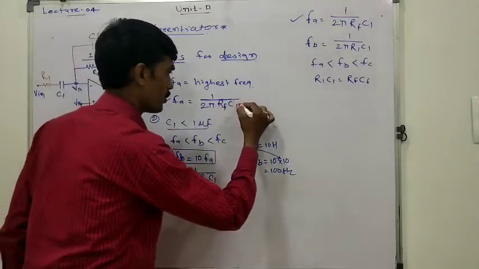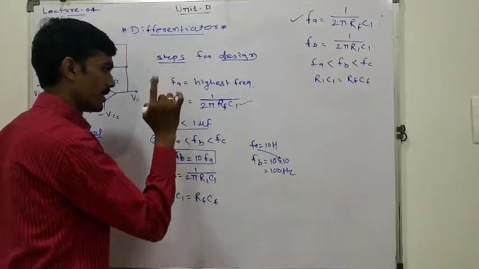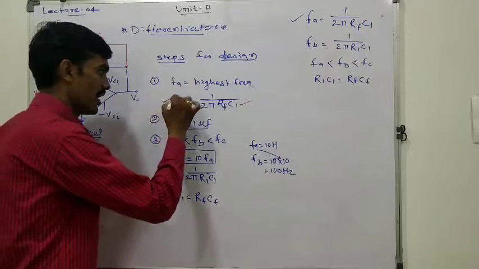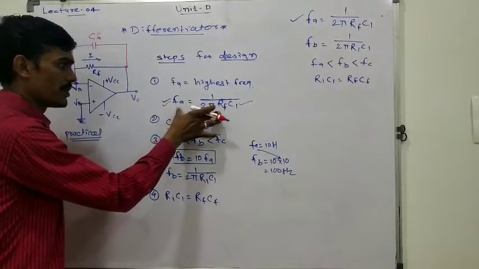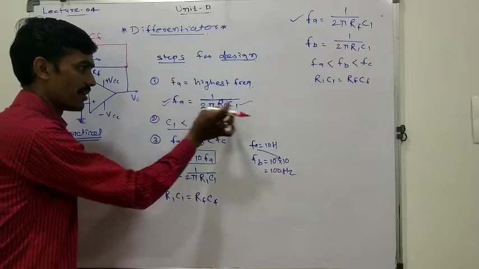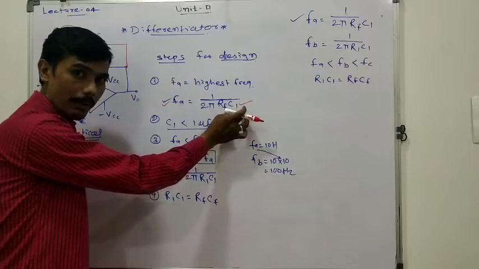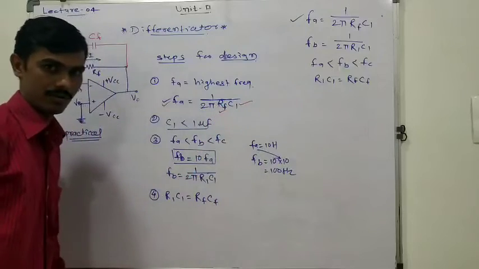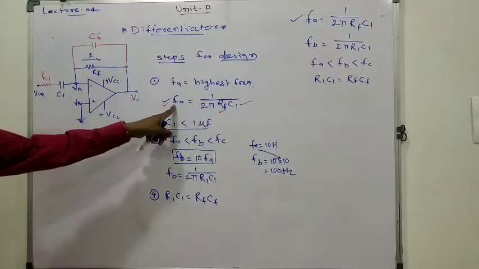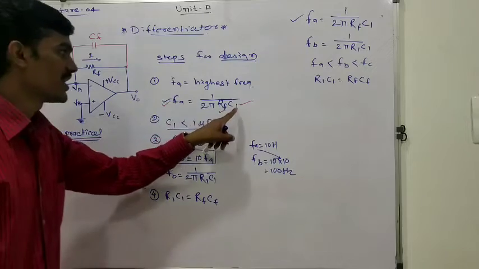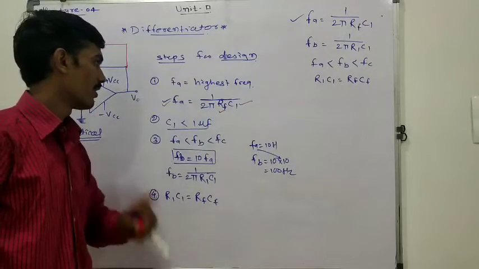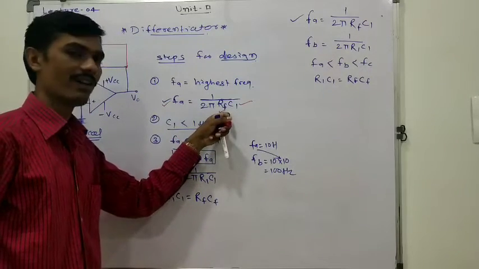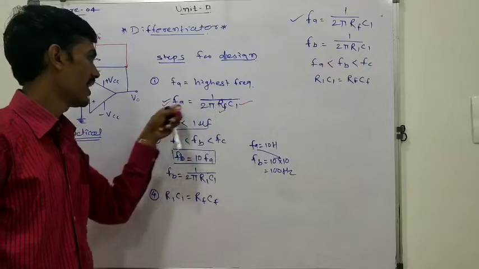First, we know C1. In the problem statement the highest frequency is mentioned, so from this formula we know the value of FA. We assume the value of capacitor C1, so we can easily find the value of RF. So from the first formula, FA, RF and C1, we directly calculate the value of RF by using C1 and FA.